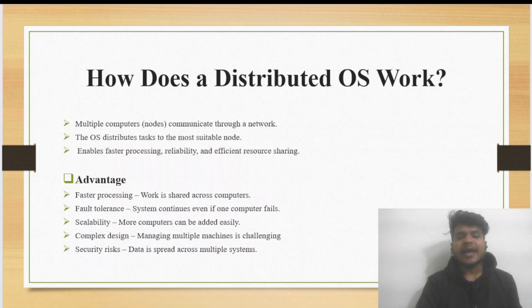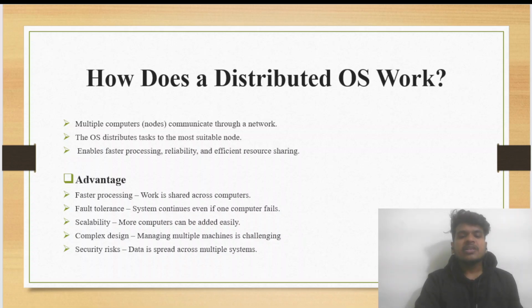Then there is high network dependency. A failure in the network communication can slow down the whole system. It will lag and the latency will be very high. Then there are security risks also. The data is spread across multiple systems. It increases the chances of cyber attack. Any one node can be attacked and the data can be compromised.